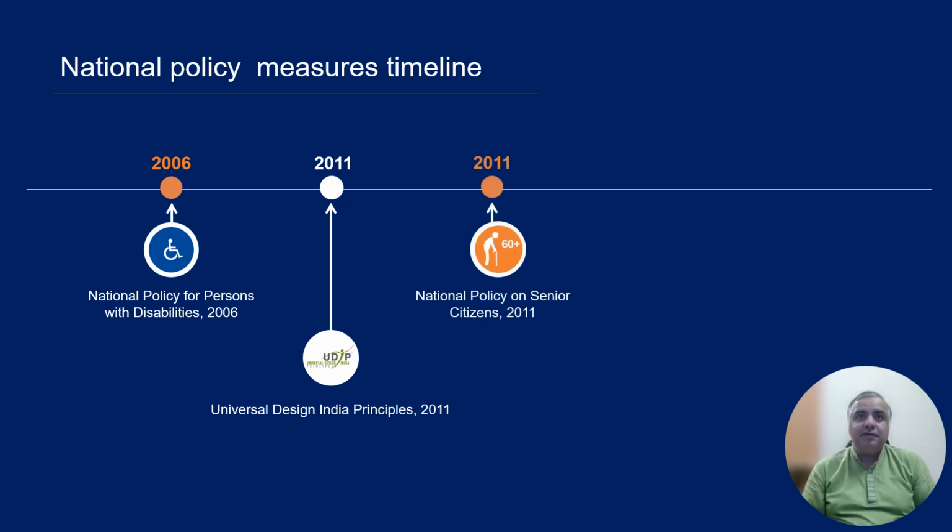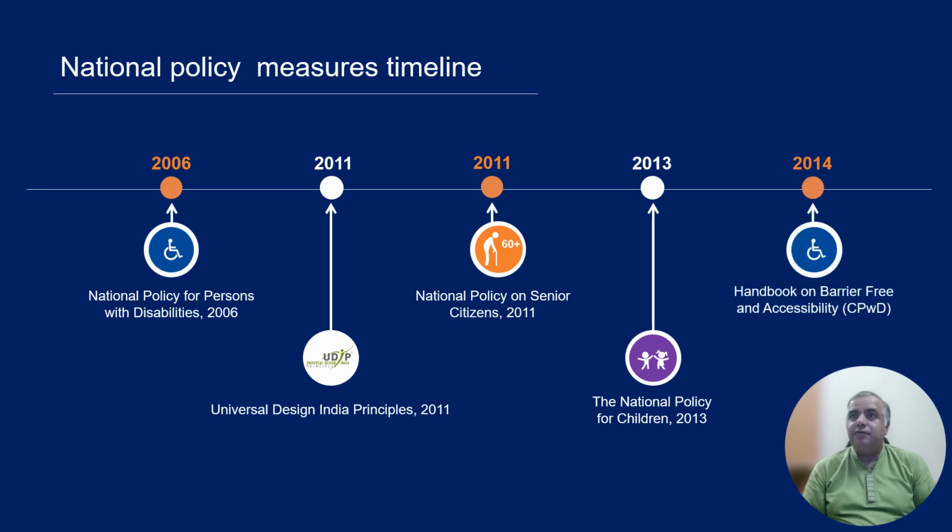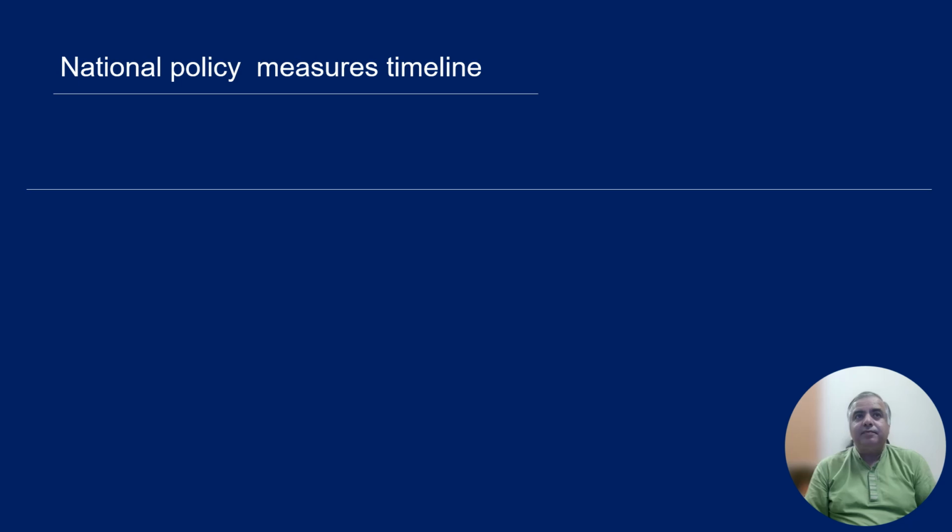And 2011, there was further a national policy on senior citizens, followed by the National Policy for Children in 2013, and 2014 Handbook on Barrier Free and Accessibility released by the Central Public Works Department. 2015, India spearheaded the Accessible India campaign, which was launched by none other than the Honorable Prime Minister of India.